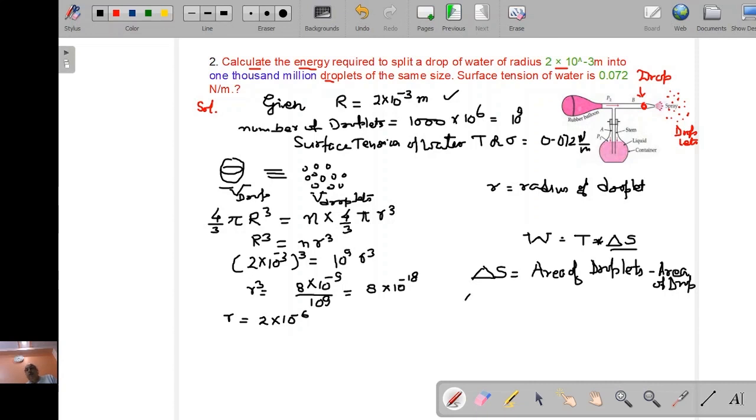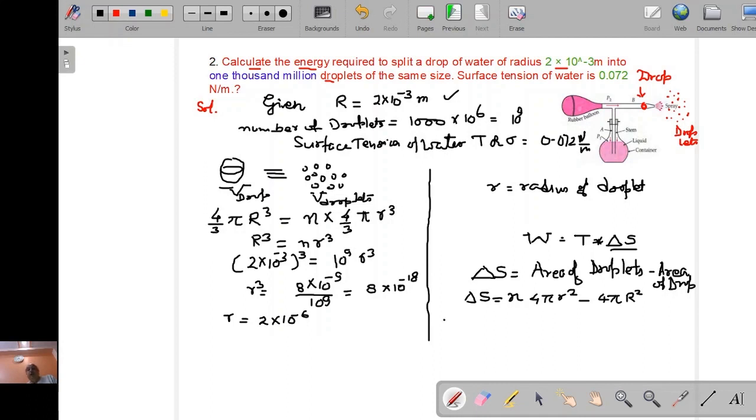So delta S is equal to the area of droplets. There are n droplets, and the area of each spherical droplet is 4 pi small r square, minus the area of the drop. It is also spherical, so it is 4 pi capital R square, right?